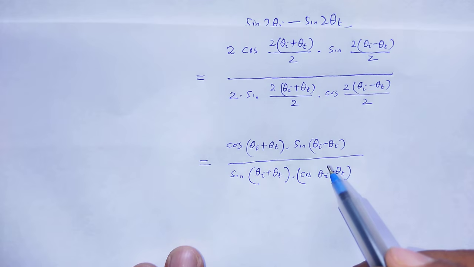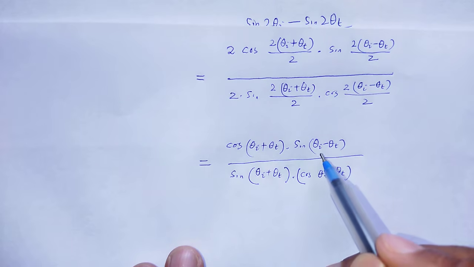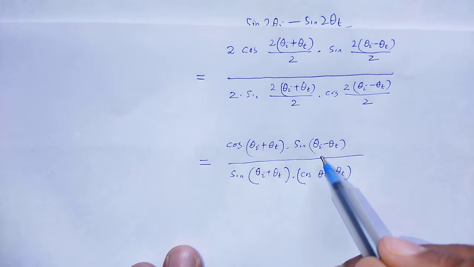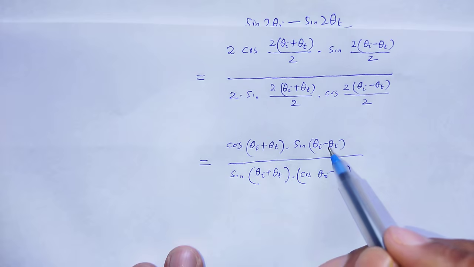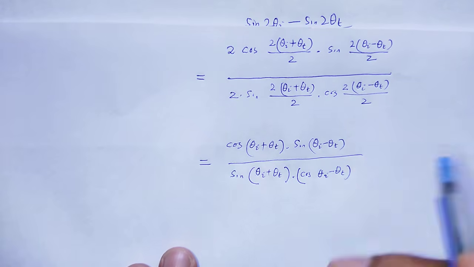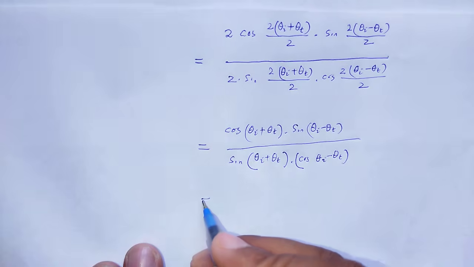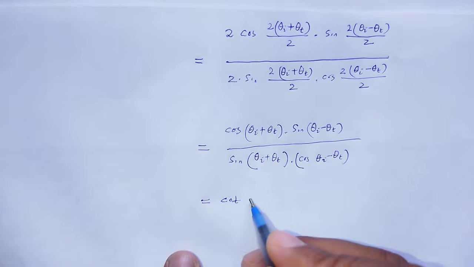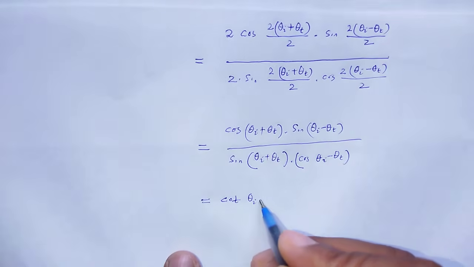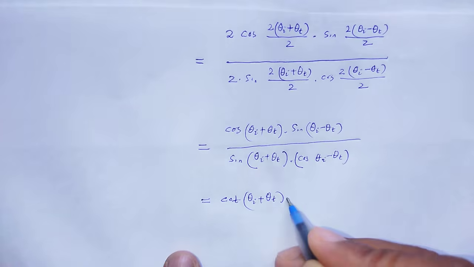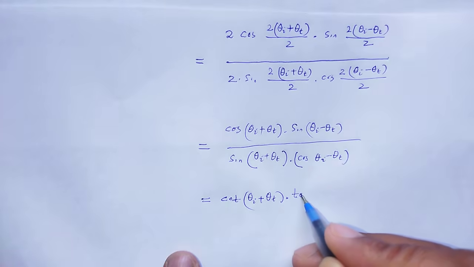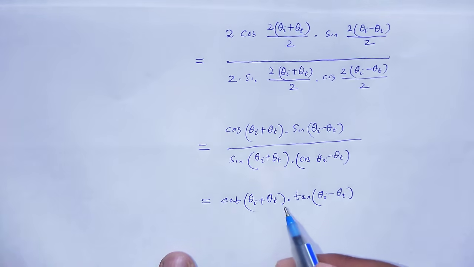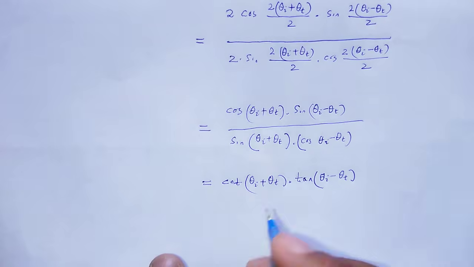Here sin(theta I minus theta t) divided by cos(theta I minus theta t), sin by cos, is tan(theta I minus theta t). Cos by sin is cot(theta I plus theta t), which can be changed to tan.